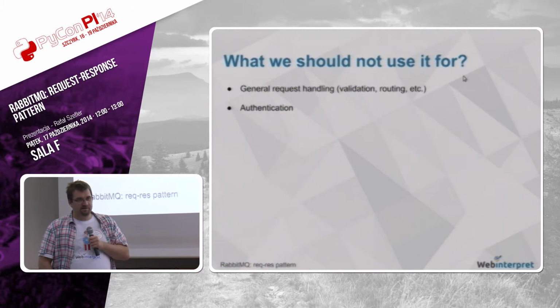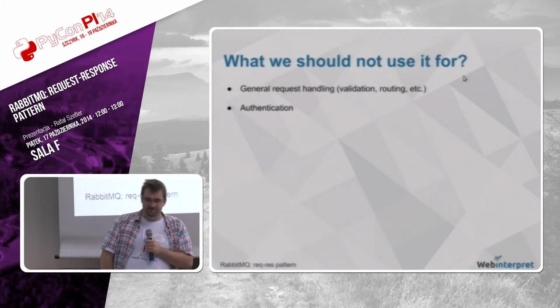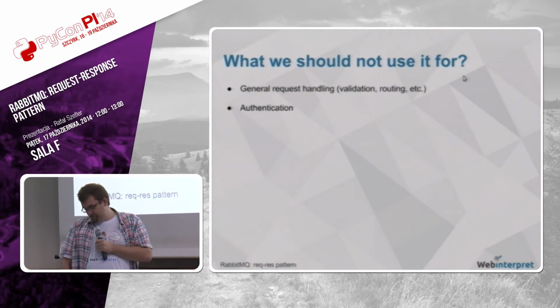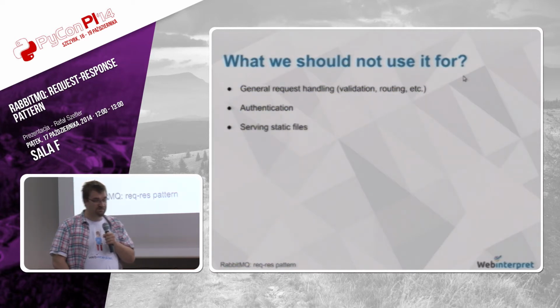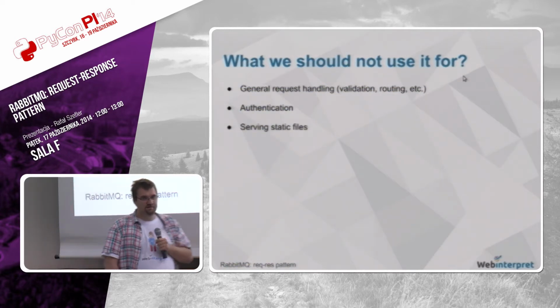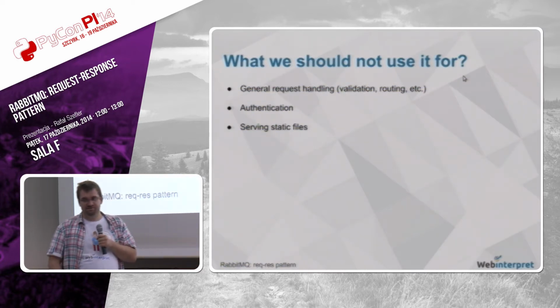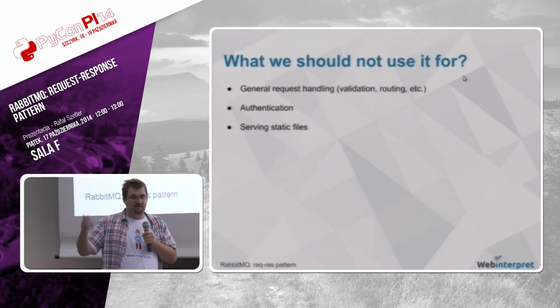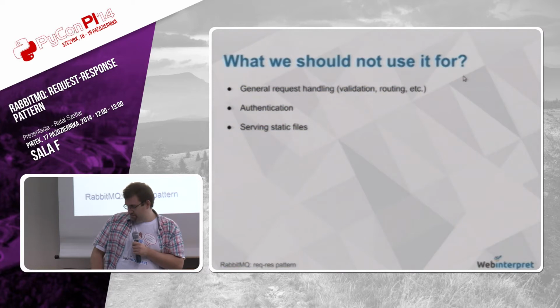Again, we check for an authenticated user on each request. We don't have to do this via RabbitMQ. Serving static files. Again, this would be horrible. This can end very badly because RabbitMQ can't really handle too big messages. If you were to put a huge file like 100 megabytes into RabbitMQ, it will just break.